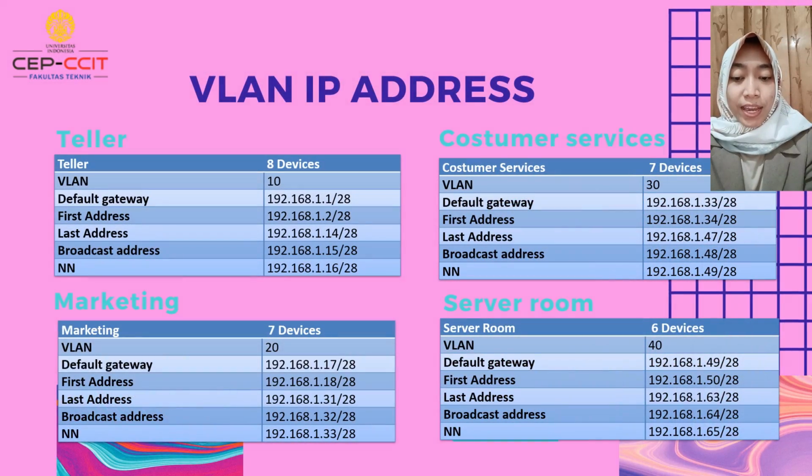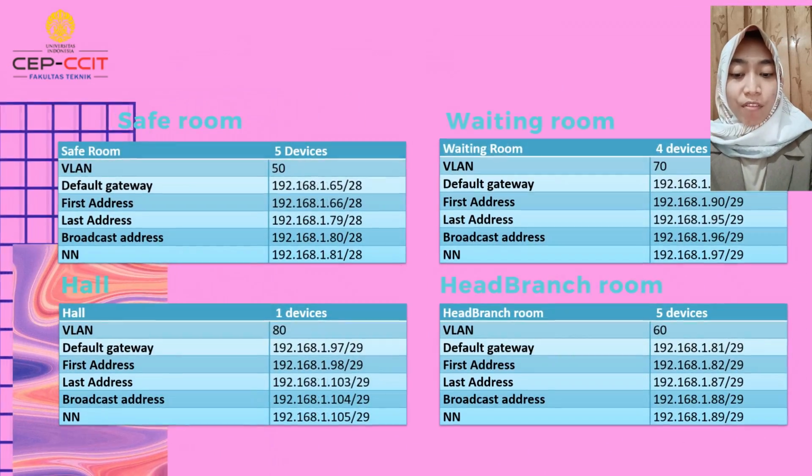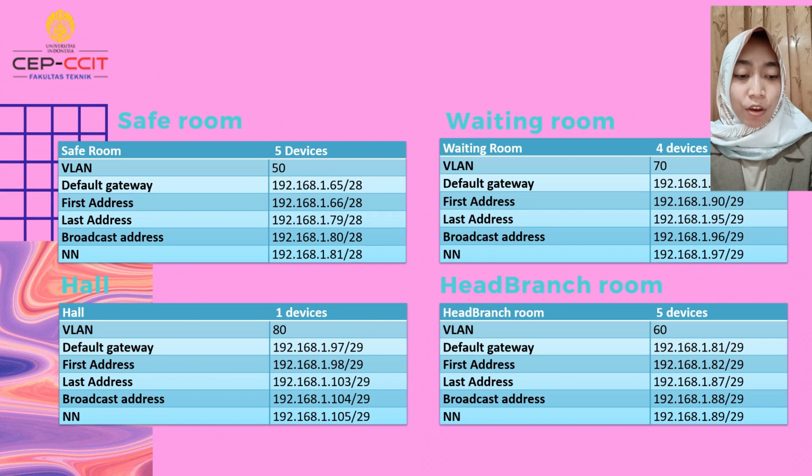The safe room has 5 devices. Of them, namely, VLAN consists of 50. Default gateway consists of 192.168.1.65/28. First address consists of 192.168.1.66/28. Last address consists of 192.168.1.79/28.